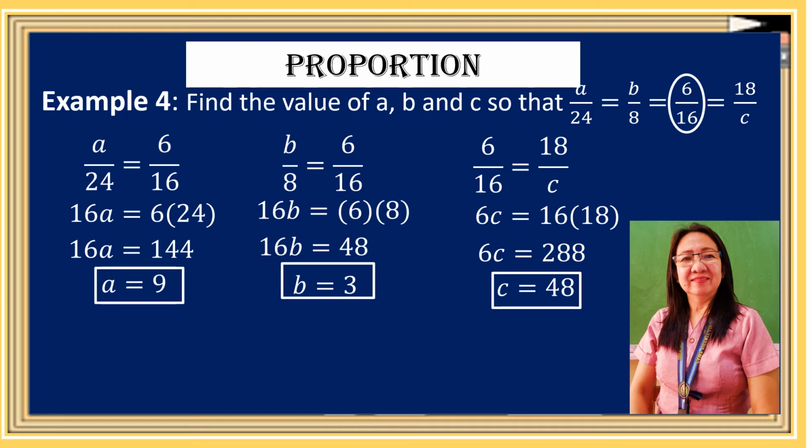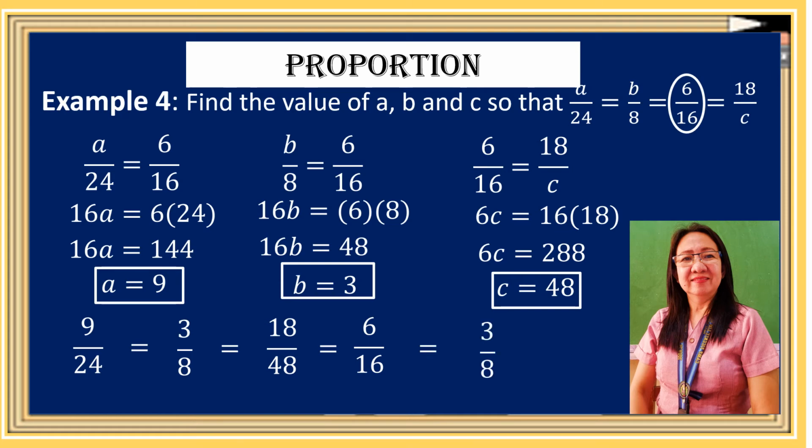Now, if we substitute A, B, and C in the given proportion, such as 9 to 24 is equal to 3/8 is equal to 18 is to 48 is equal to 6 is to 16. If we simplify all of this, the value is simplified into 3/8. So obviously, the values of A, B, and C are correct.